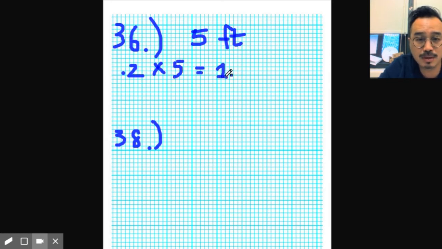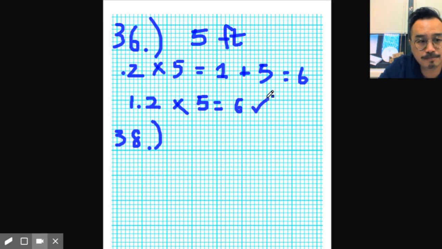And then you take the 1, you add it back to the original, and that will be 6, so 6 feet. The super fast way is to multiply this by 1.2, again kind of like sales tax. It's actually nothing new. That's why I picked this question. I want to see if you can make the connection. 1.2 times 5 is 6. A little faster.